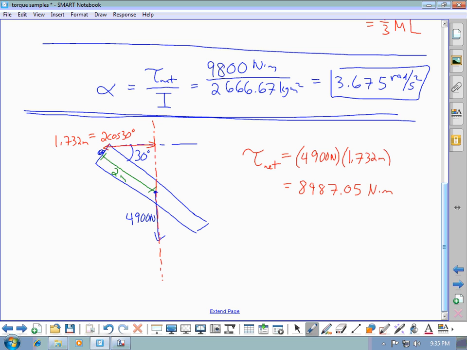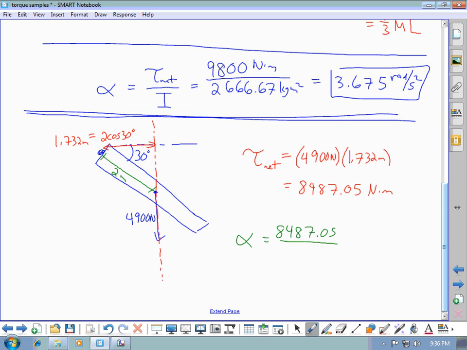You can see that the torque is getting smaller. In fact, when this beam would be hanging completely vertically, the torque would be 0. So as this swings down, the torque gets smaller and smaller until it reaches 0. And so again, I could calculate the angular acceleration here. It would be 8487.05 divided by the rotational inertia, which hasn't changed.